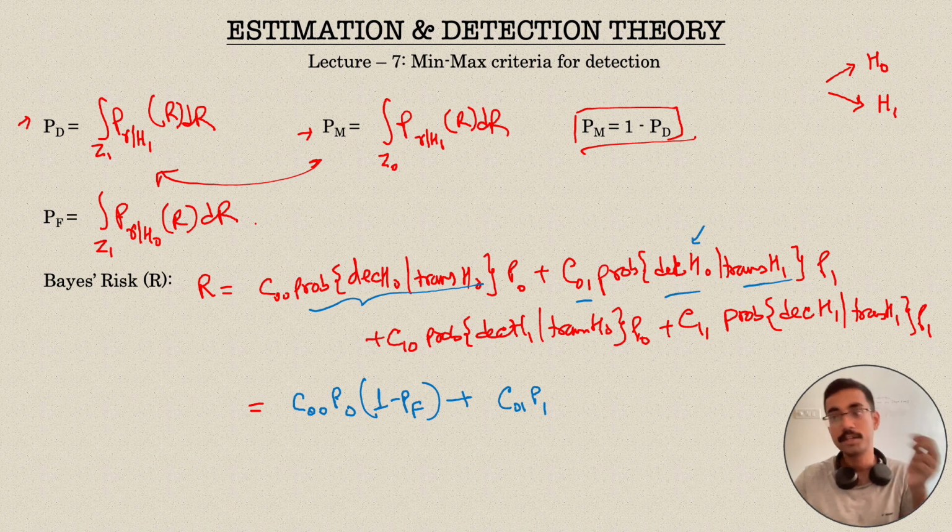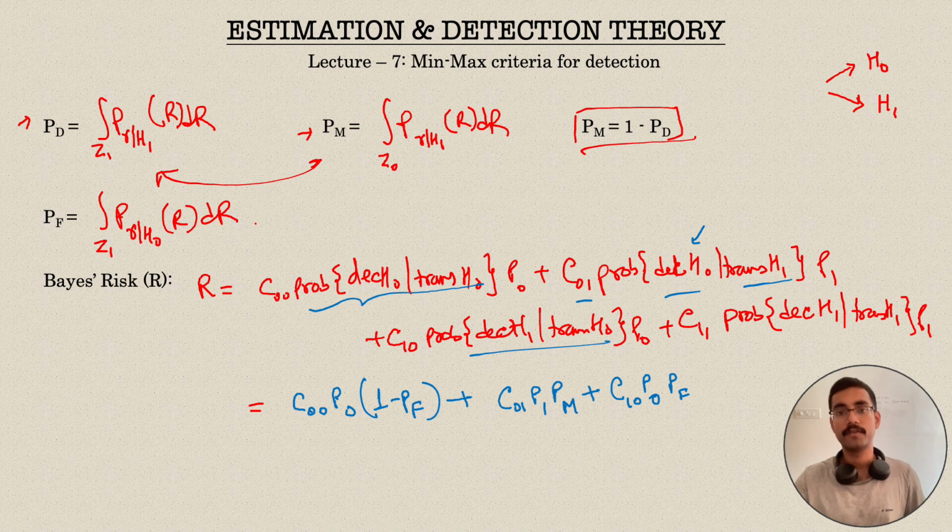We did not detect the signal, but it was transmitted. So it is a clear case of miss. So this is P of miss, plus C10, sorry, C10 is with P0, and probability of detected H1 and transmitted H0. So this is particularly a case of false alarm.